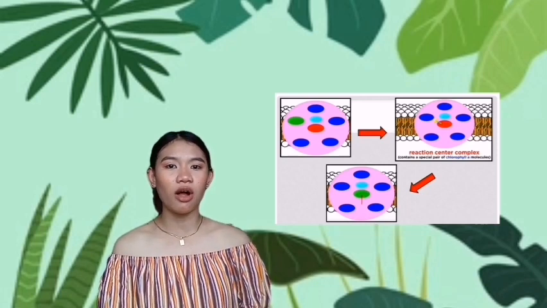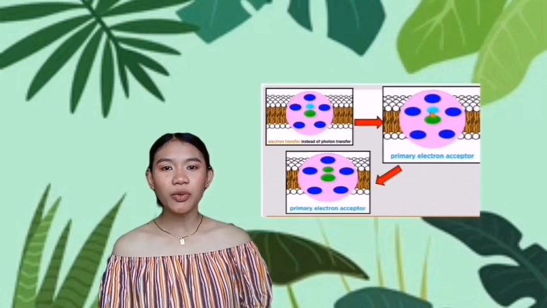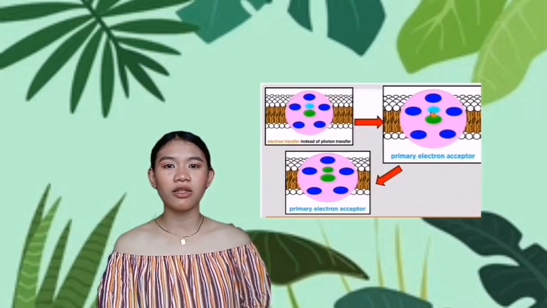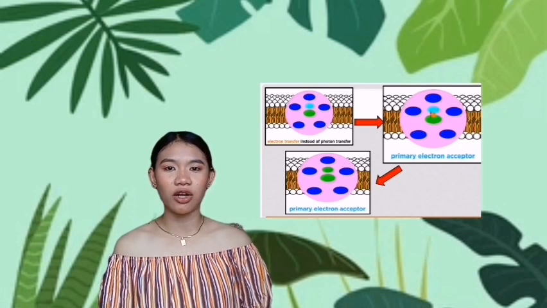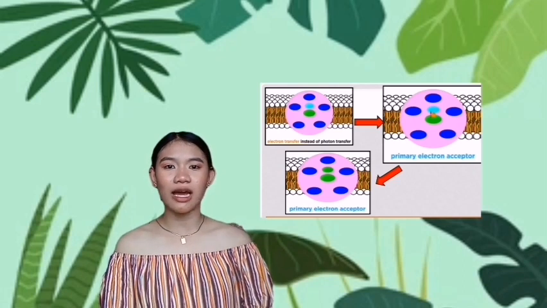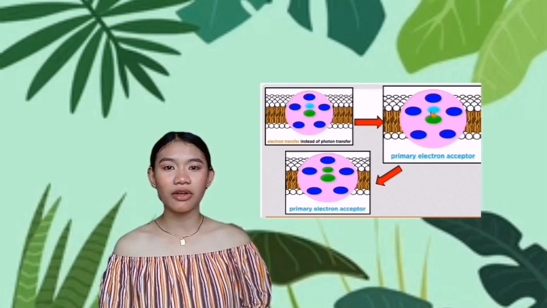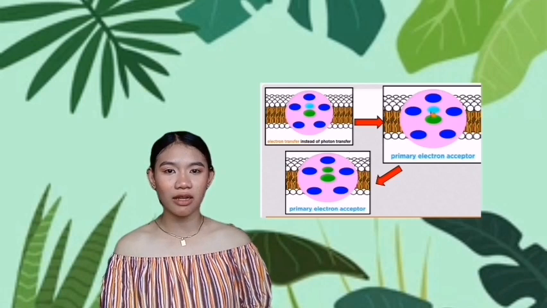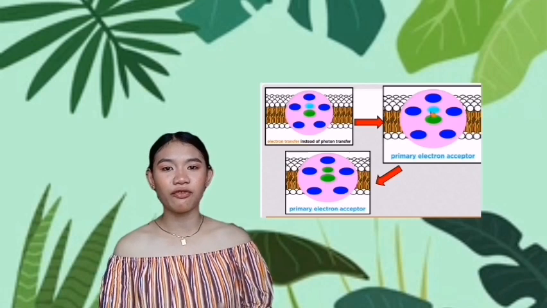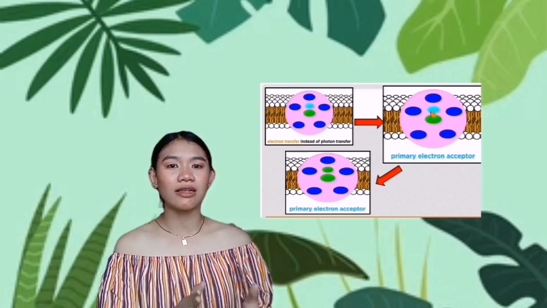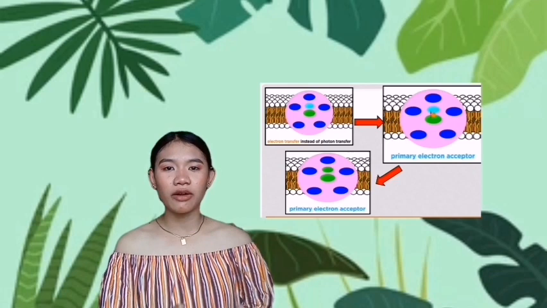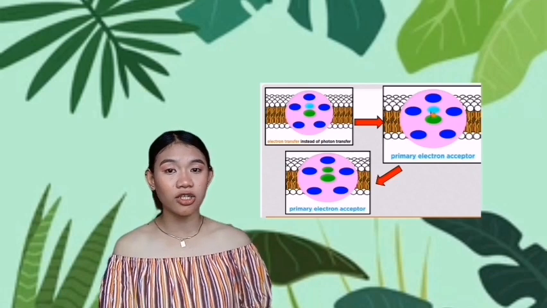two molecules of chlorophyll. Following that photon's impact on the reaction center complex, the high energy excited electron, rather than relaxing back to the ground state, will instead be transferred to another molecule known as the first electron acceptor, above the reaction center complex.